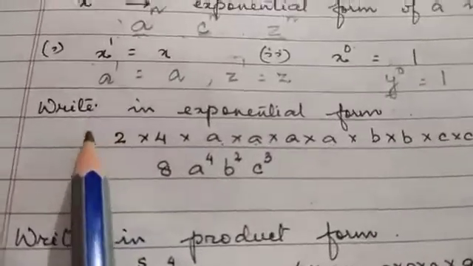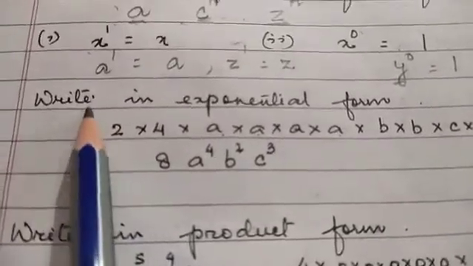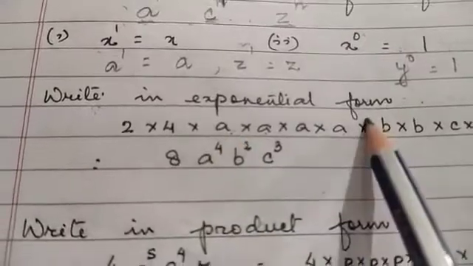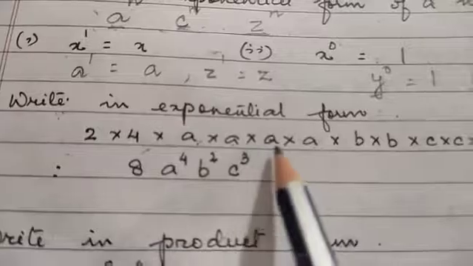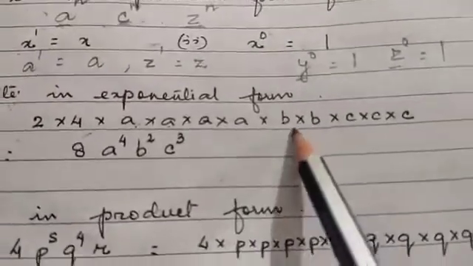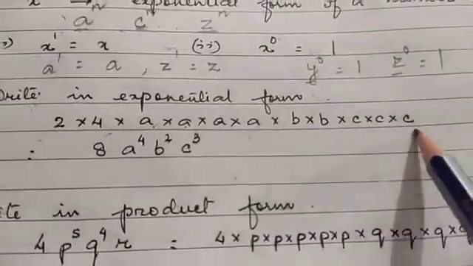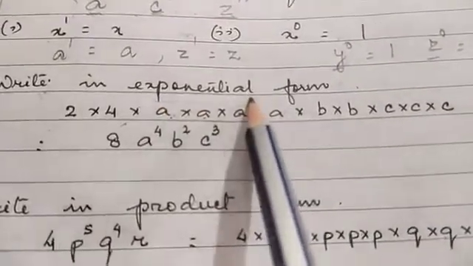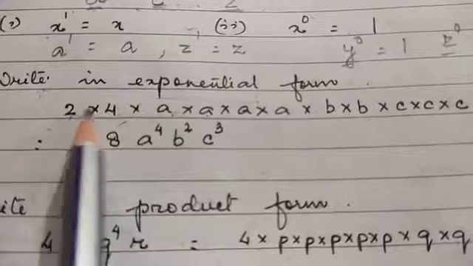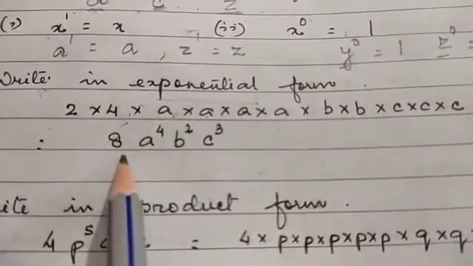Here we are going to understand this. In exponential form: 2 into 4 into a into a into a into a into b into b into c into c into c. I have to write this in exponential form. 2 into 4 is how much? 2 into 4 is 8.